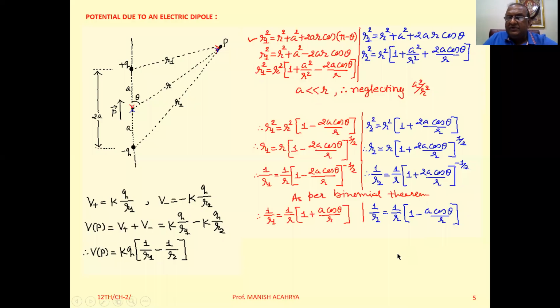Now substitute the values of 1 upon R1 and 1 upon R2 in this particular equation. Okay?